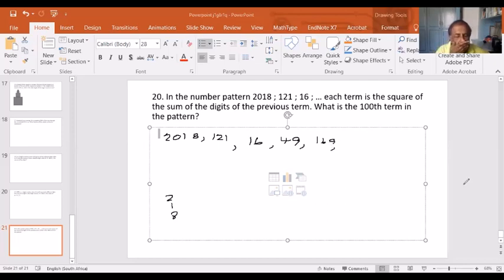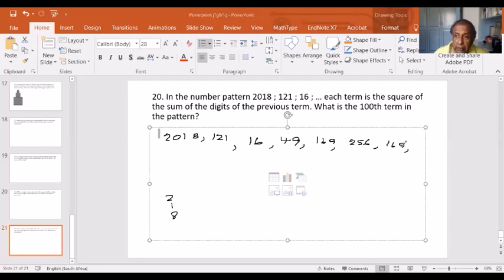It's a nice fact to remember. It's nice to know some of these squares. For Pythagoras' theorem, it's always useful. 13 squared is 169. 14 squared is 196. So it's nice to know a few squares. Okay. Right, now it goes on like this. 169. 1 plus 6 is 7. 7 and 9 is 16. So 16 squared is 256. Now you got 2 plus 5 is 7. 7 plus 6 is 13. 169.